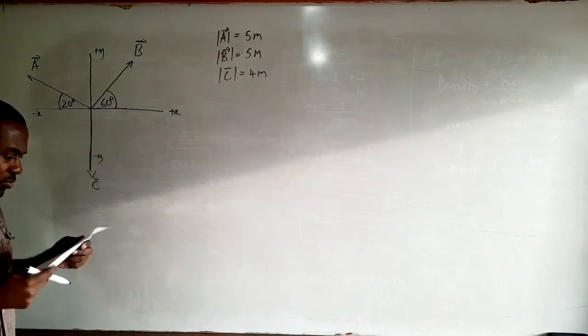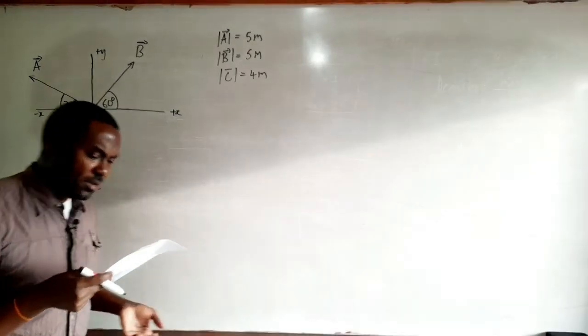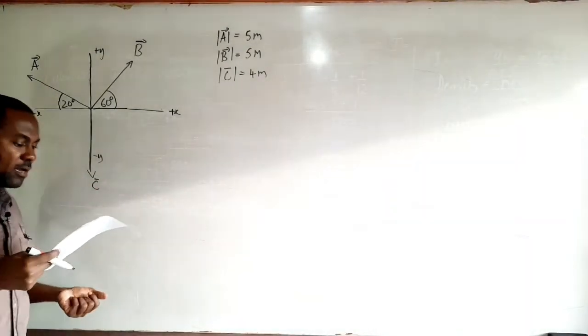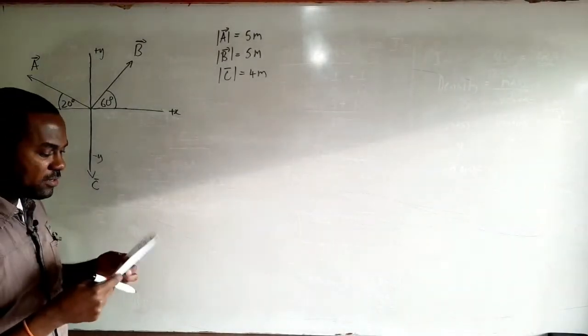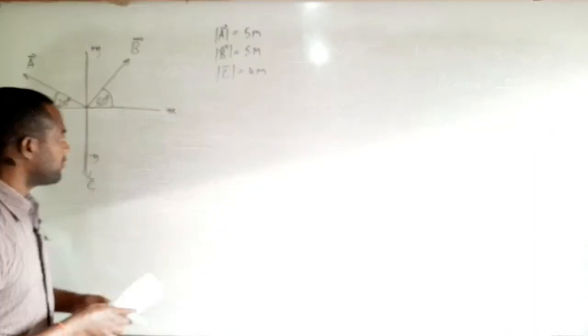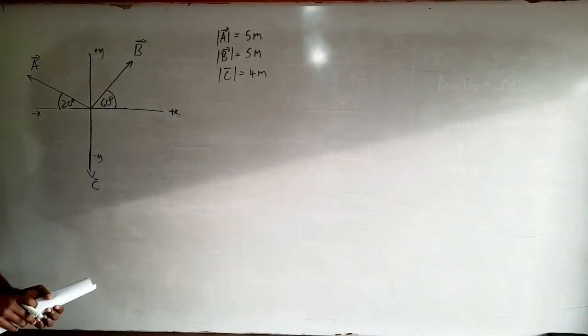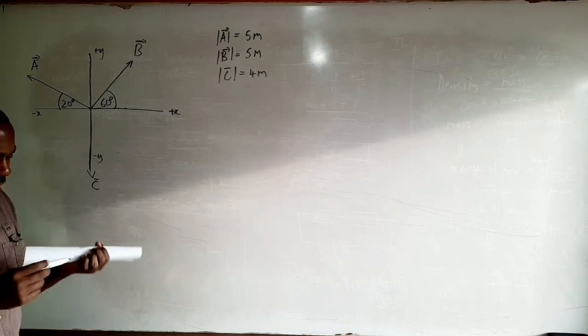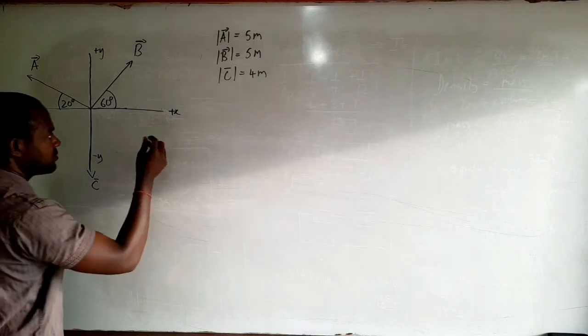And what we're told to do is to find the resultant magnitude and direction of the three vectors by means of the component method, and to express the direction as an angle above the positive or negative x-axis. So firstly, we'll examine each of these vectors and resolve them into their respective x and y components where possible. So let's first look at vector A.